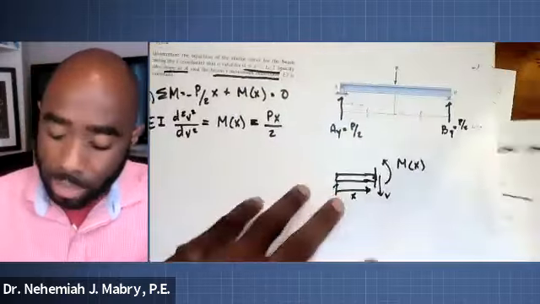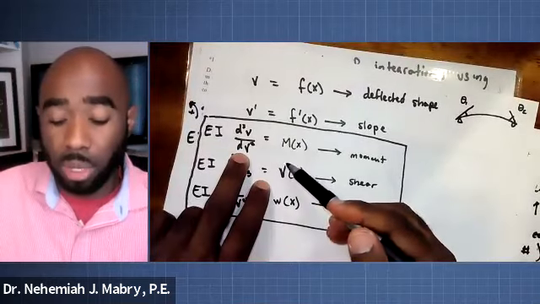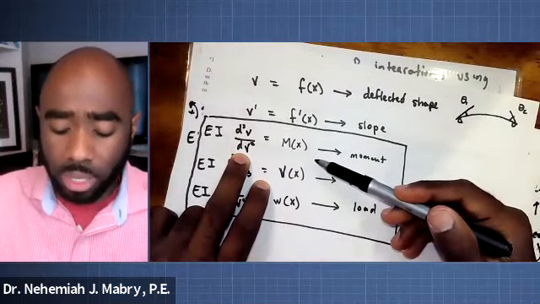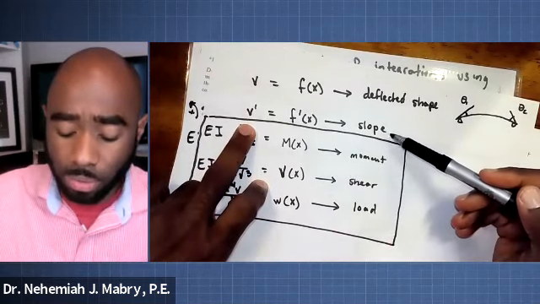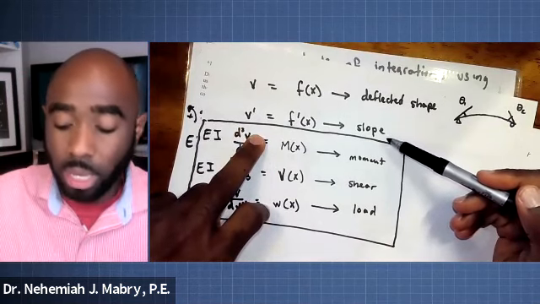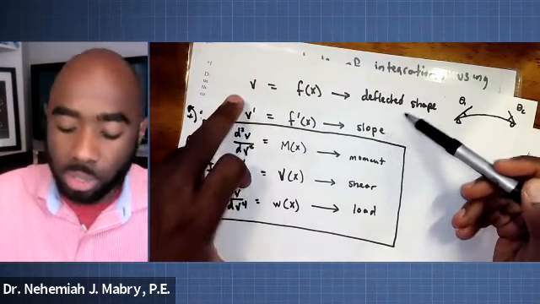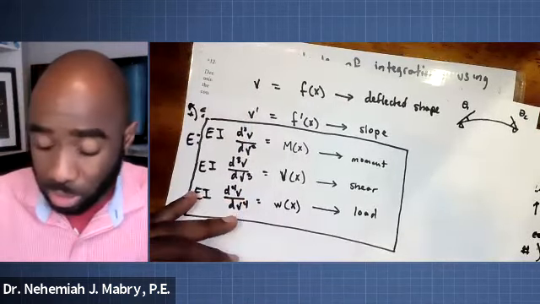And looking back at this, we know that the moment is the second derivative. If we want to get a slope, we're going to take the antiderivative once to get the slope equation, and then we're going to take the antiderivative twice to get the deflected shape. That's what we're working back towards to get the deflection.